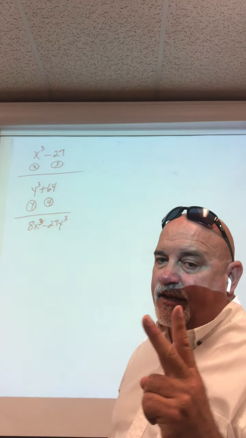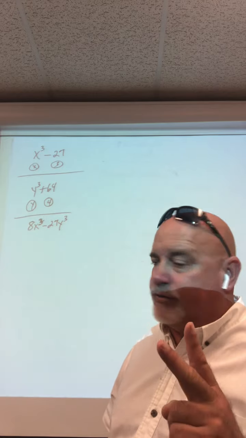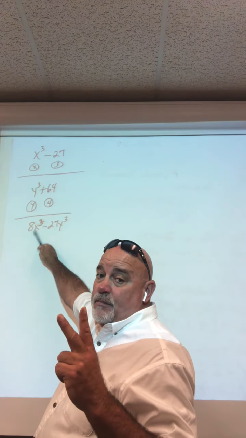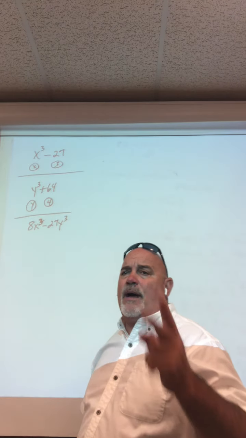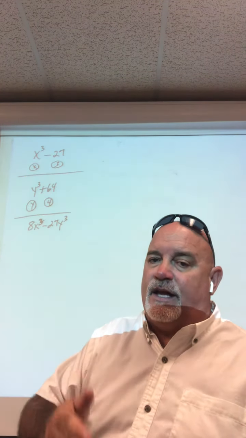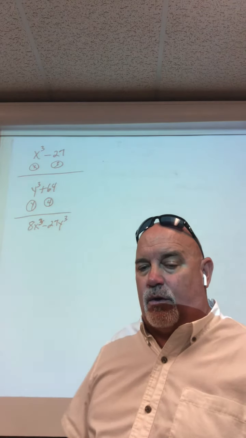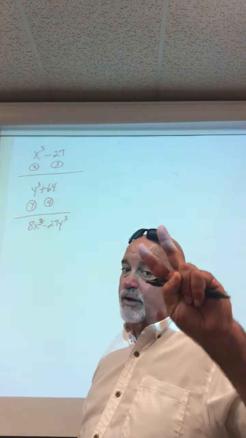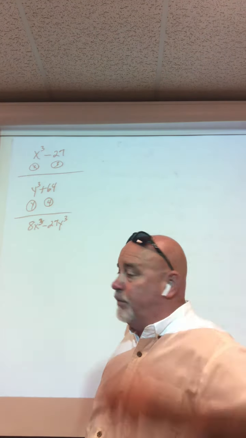Next, is it the difference of 2 perfect squares? No, because these aren't perfect squares. It's a difference, but they're not perfect squares. Why do I mention that before I do cubes? Because perfect squares are easier to check than perfect cubes are. So GCF, perfect squares, has to be a difference, or perfect cubes.